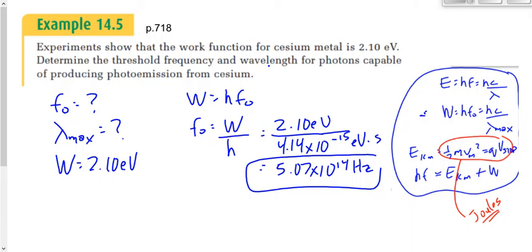By the way, could you have converted that to joules and then used 6.63? Sure, you can always use joules, but you can usually use the electron volts as well if it's convenient. Okay, let's say W is equal to HC over lambda max. Lambda max is the threshold wavelength.